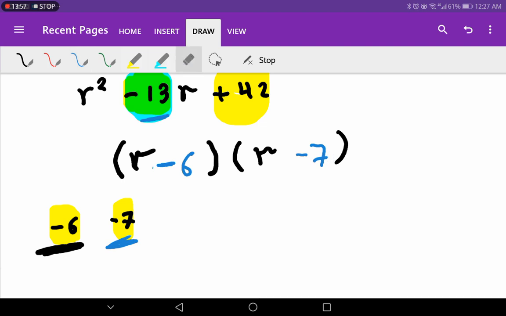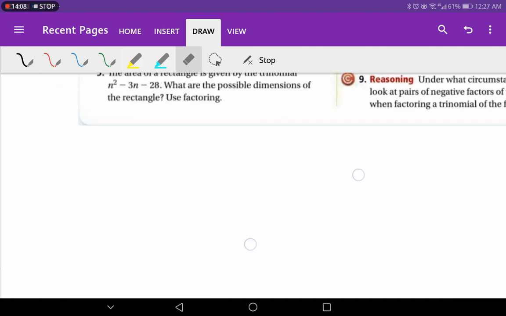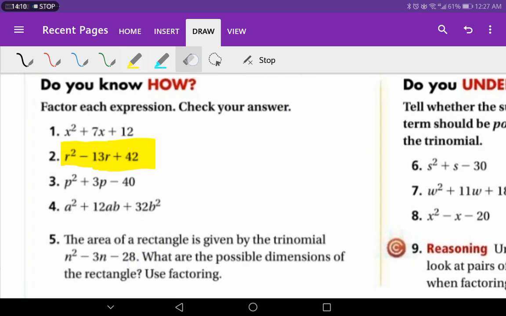Good. You have to notice, or write down, this information. If the C, the last number, the constant number, is positive, you have to make sure the factors, both of them, may be positive or negative.